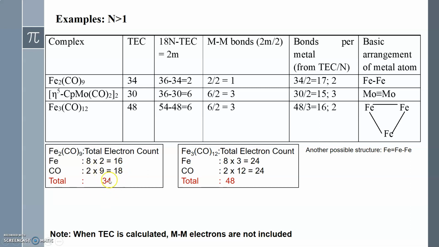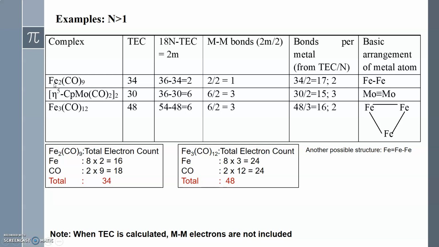So there are 34. This is the total electron count that we calculate from the formula. Now this itself tells you something, because when I divide this by 2, I get only 17, which means that every iron now has only 17 electrons around it.